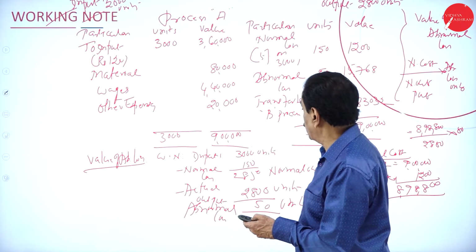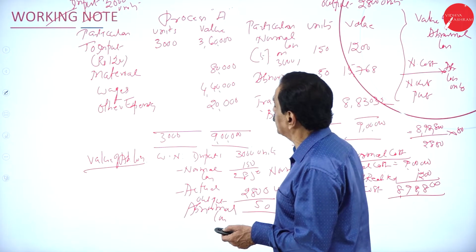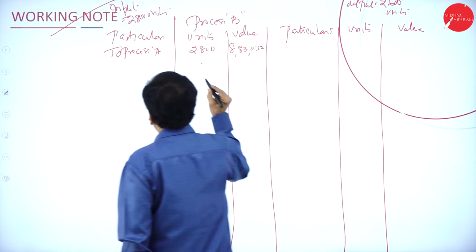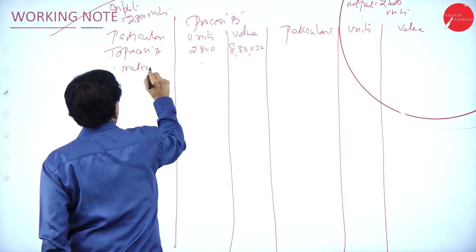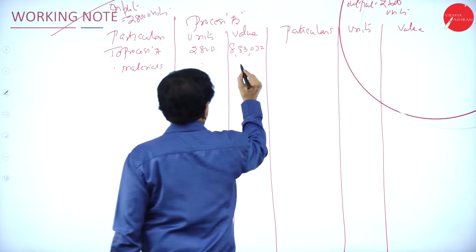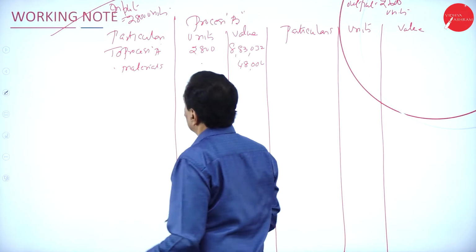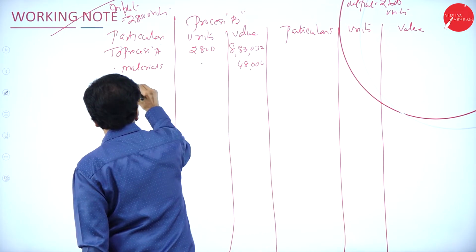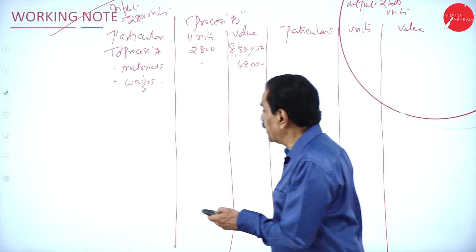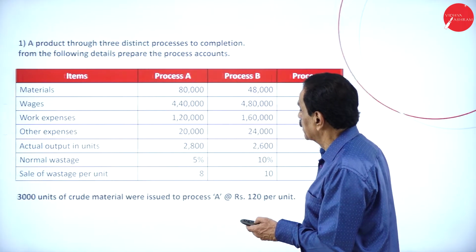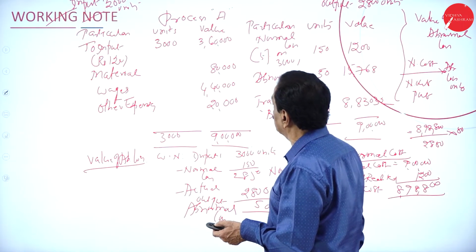Now expenditure to this. Come back. Material 48,000. To material 48,000. To wages, your wages is 4,80,000.